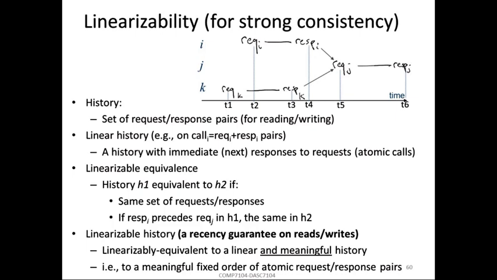We can see here 3 such request response pairs. So for call K, for call I, and for call J, let's say. And requests, once again, may be for either reading or writing that specific object. When we read, the response gives the value.